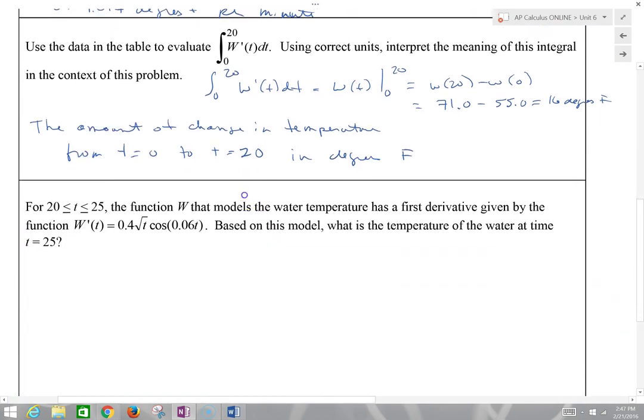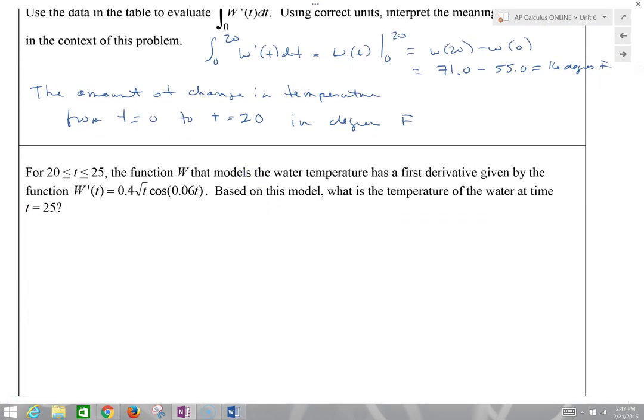The next part says from 20 to 25, the function W that models the water temperature, so we're talking about W, has a first derivative. We're given the first derivative. So we're given the rate of change of the water temperature. Based on this model, what is the temperature of the water at T equals 25?